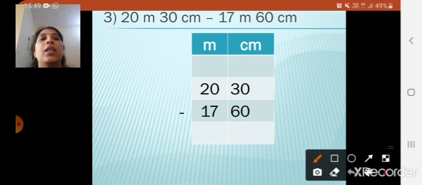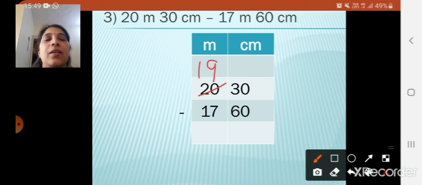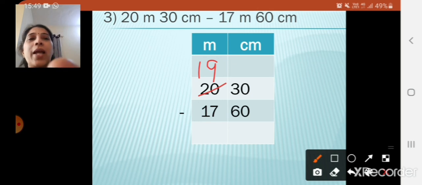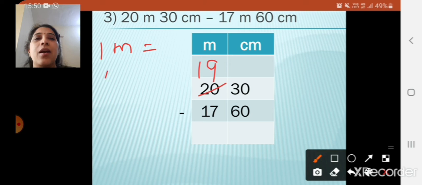Now again 30 minus 60, you cannot carry out subtraction. So what you are going to do? You are going to borrow 1 from the meters column. So when you borrow 1 from 20, so 20 minus 1 will become how much? 19. So you will write 19. Right. Now children, 1 meter is equal to how many centimeter? 100 centimeter.